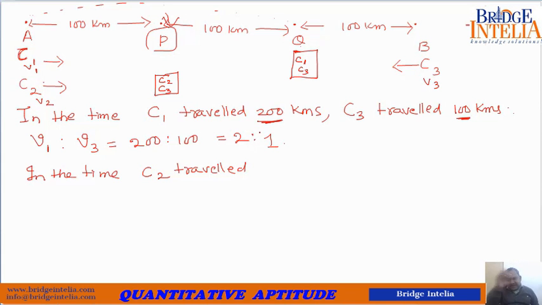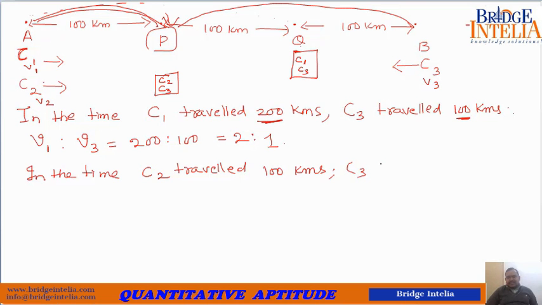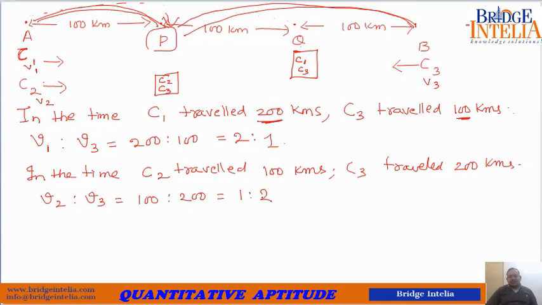Now bother only about the second and third car. What is the location of P? 200 kilometers from this side and 100 kilometers from this side. So in the time C2 traveled 100 kilometers, C3 traveled how much? 200 kilometers. So from here you can say V2 is to V3 is equal to 100 is to 200. That is 1:2.